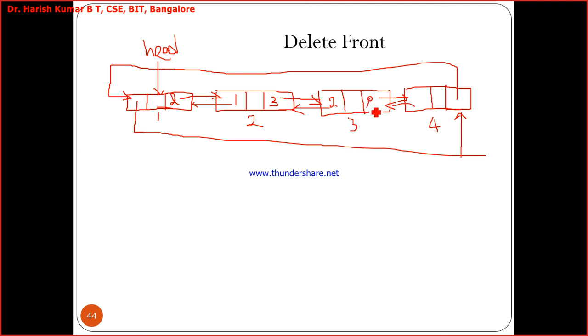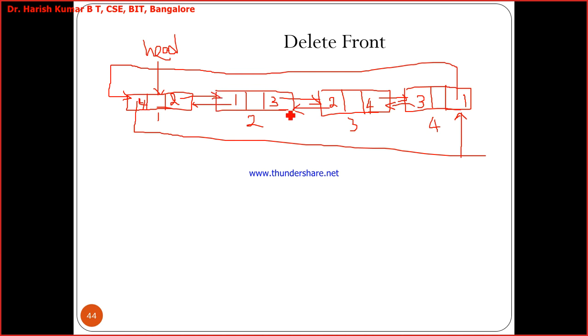Here same, 4, and this is 3. In the left link of the header node you have 4, because using the left link of the header node you can directly go to the last node. Similarly, the right link of the last node holds the address of the first node, that is 1. Is it clear? Yes, sir.